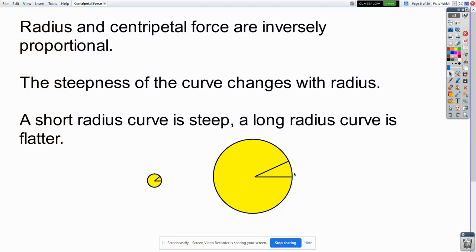If I go through a 30-degree range of motion in this much larger radius curve, my directional change is much less. It's a much flatter section through here than it is through here. I mean, this plays into the flat Earth argument. A lot of flat earthers say, well, I stood on Paris Mountain, and when I looked at Greenville, it looked like it was flat between Paris Mountain and Greenville.